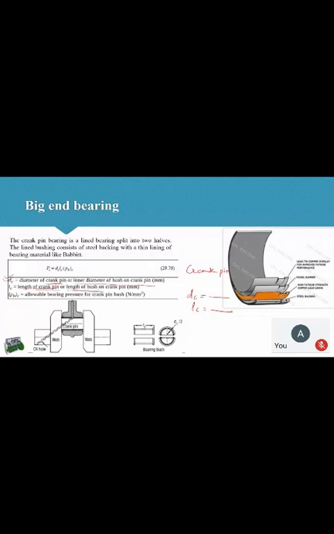Okay. Now let me make it clear. This LC is nothing but this dimension. This is LC, the length of crank pin, whereas this is DC, the diameter of crank pin.